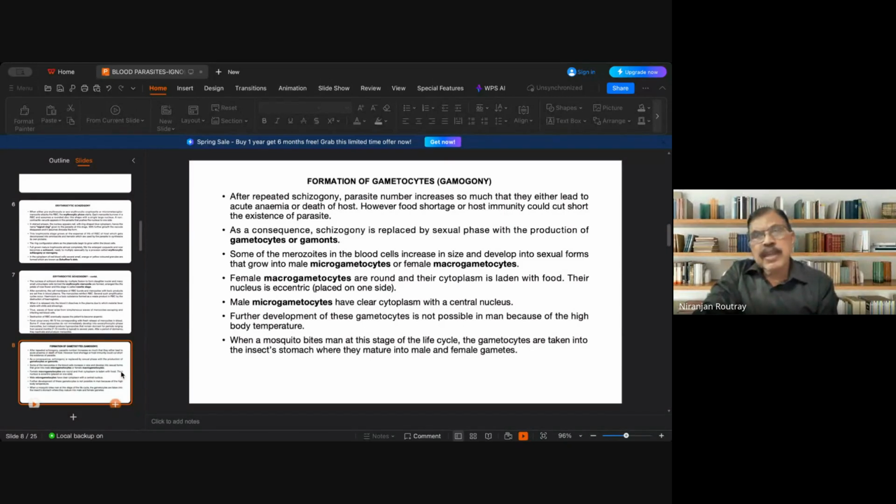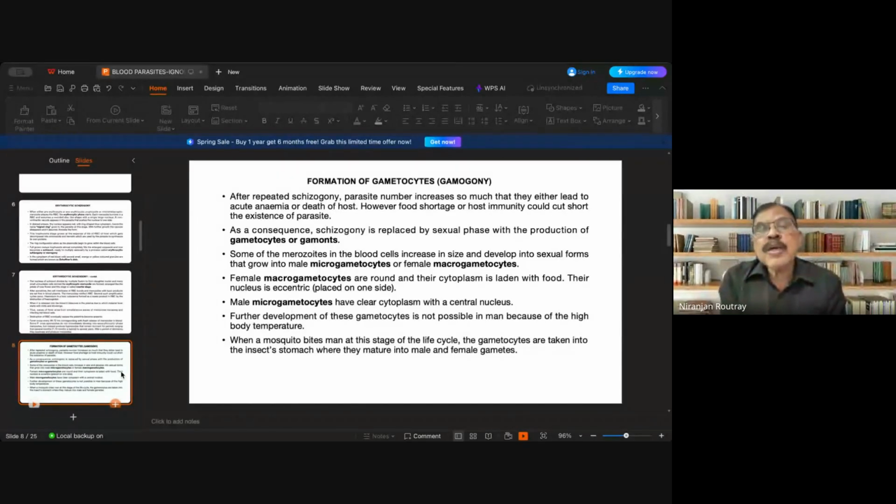The parasite never wants the host to die, because if the host dies, then the parasite will also die. As a consequence, they cease the schizogonic stage and go for the gamogony.